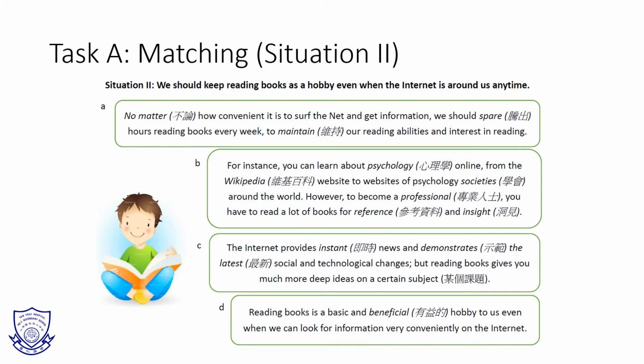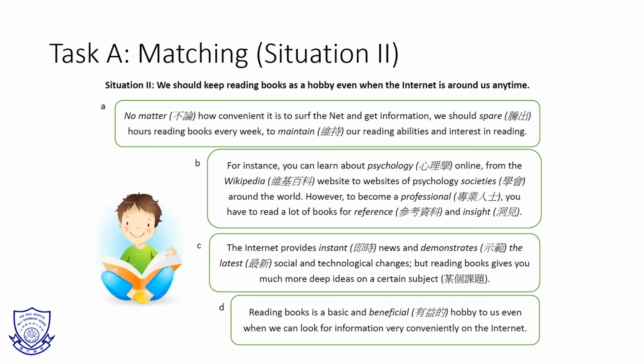Now we are in situation 2. And as you can see, the topic is different. It is, we should keep reading books as a hobby, even when the internet is around us anytime.